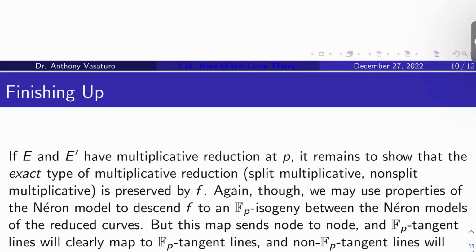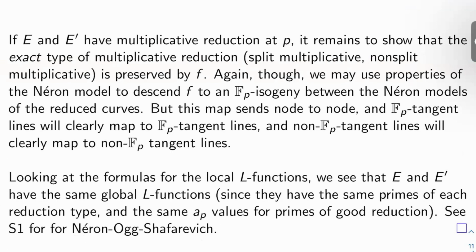Okay, we're almost done. So why do E and E' have the same primes of, for example, split and non-split multiplicative reduction? That's easy to see. So you can use properties of the Néron model again. You can descend your map F to an F_p isogeny between the Néron models of the reduced curves.